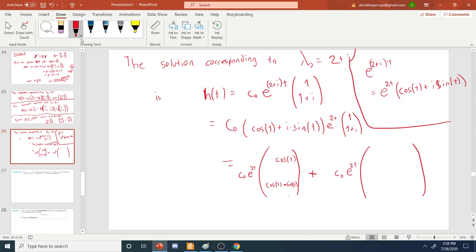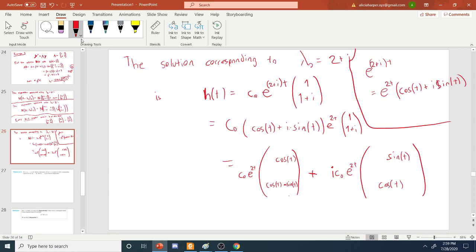Over here, for the imaginary part, well, for my first component up here, I'm going to have the i times sine of t, so I'll have a sine of t here. And then down here, I can see that I get an i times a cosine. So I'm going to have a cosine of t here.